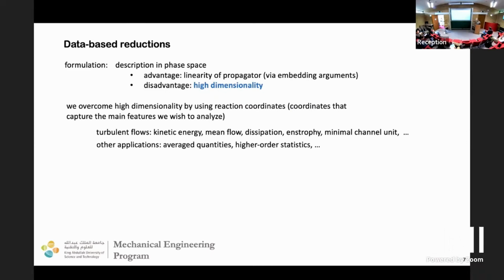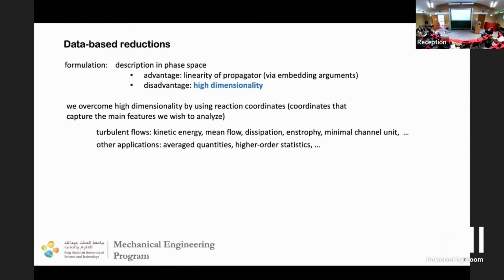You can even partition that out in certain regions, closer to the wall, further downstream. Entropy, minimal channel units. We've seen, I think, a 9-dimensional system from Bruno Eckhardt. That also is a nice way of reducing down to very few reaction coordinates.